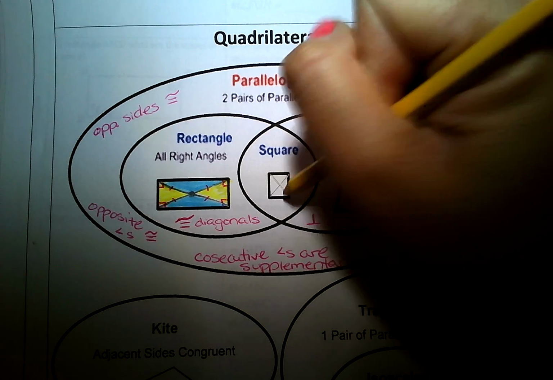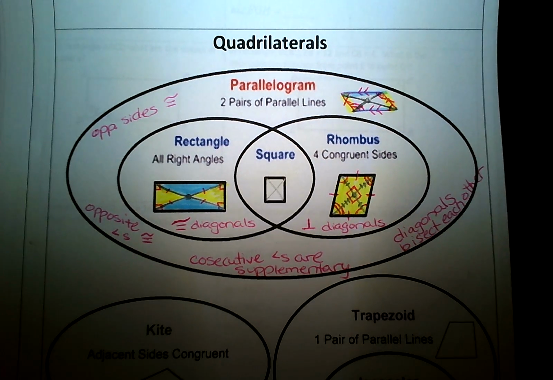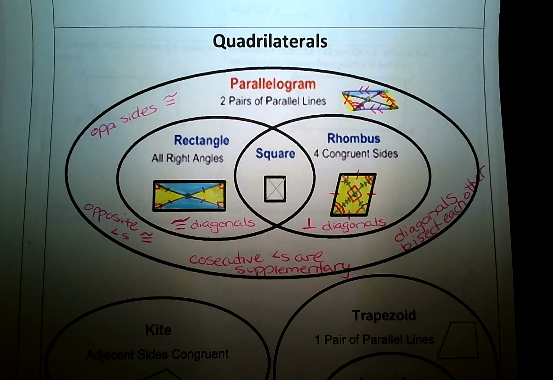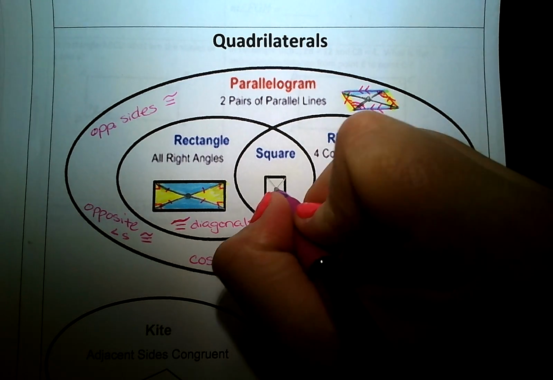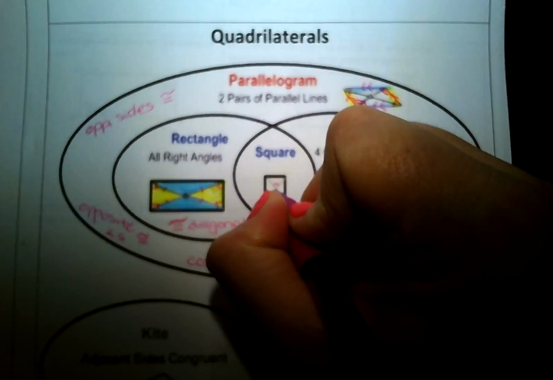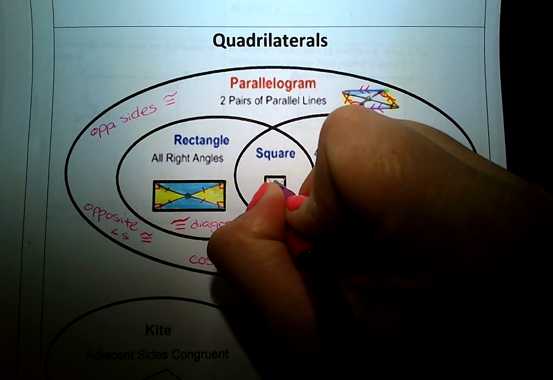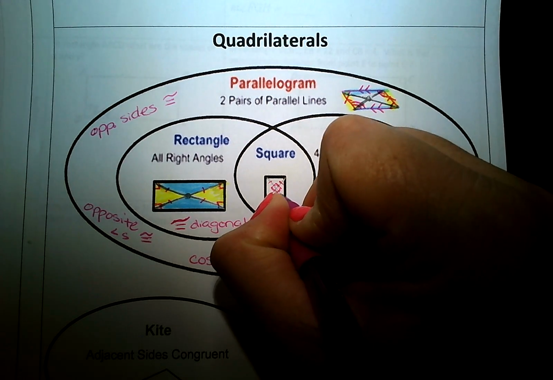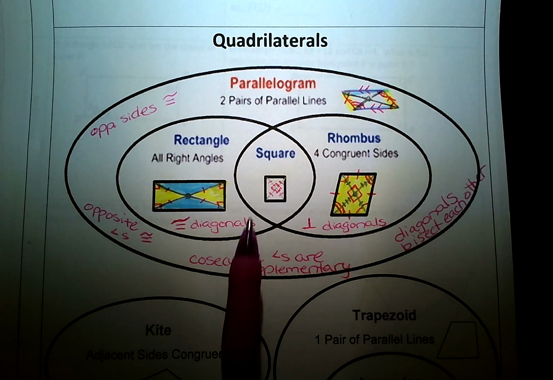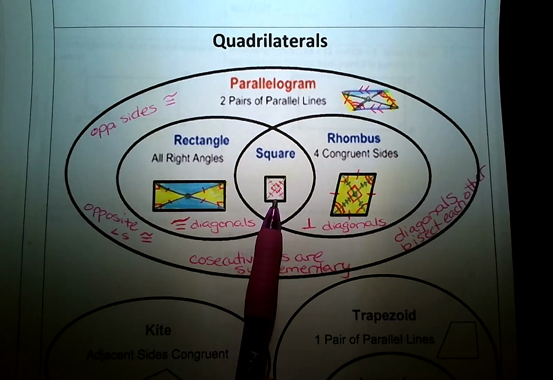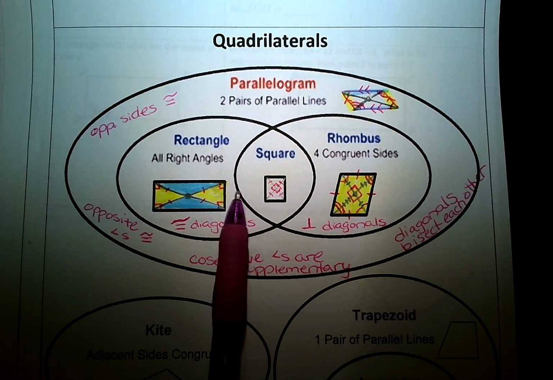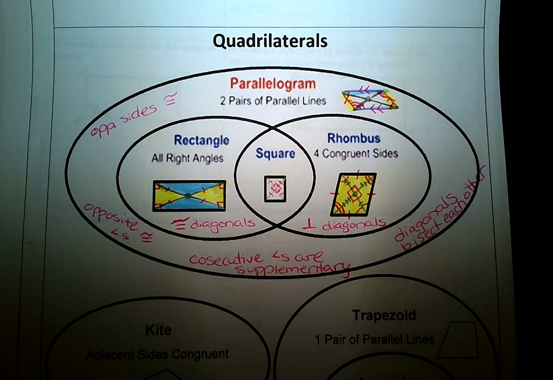A square is the most specific of all parallelograms. Because of that, a square has four congruent right triangles, it's also bisected each of the angles. A square is symmetric in every possible way.